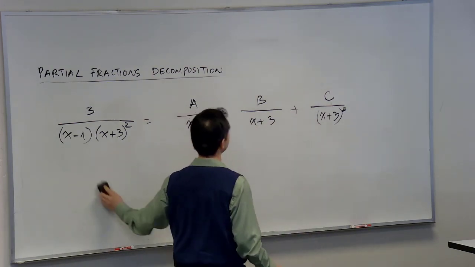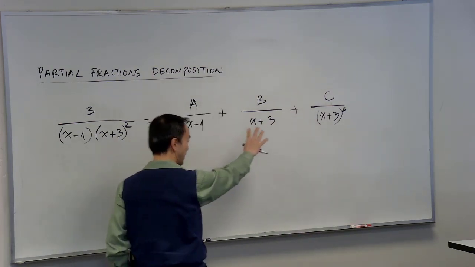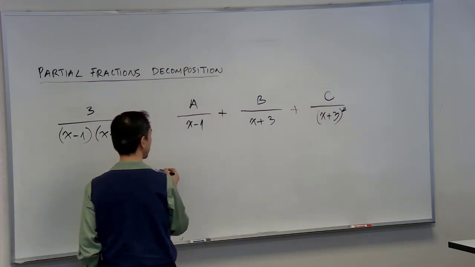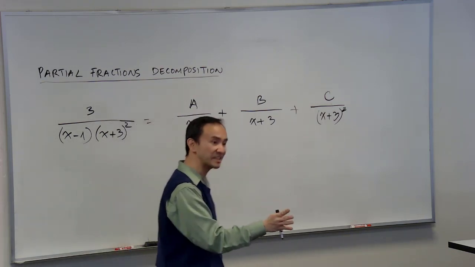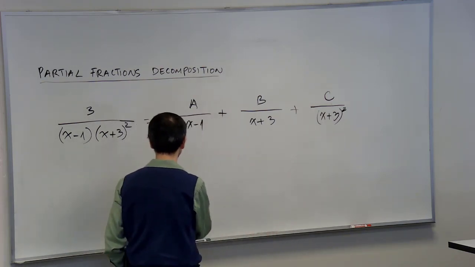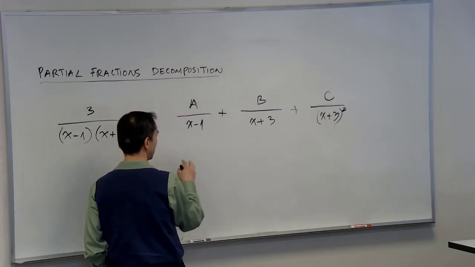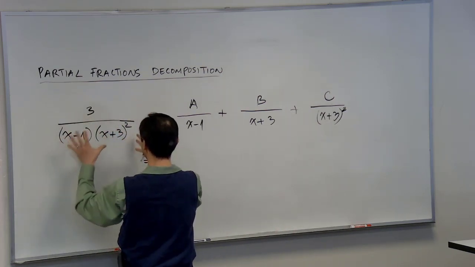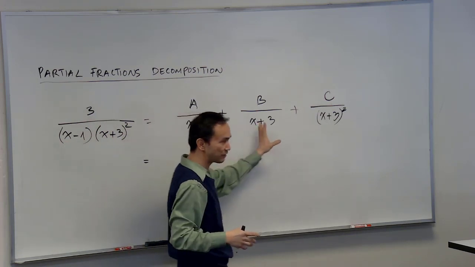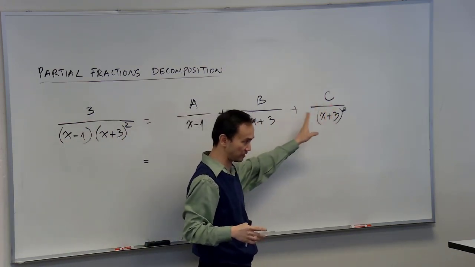Okay. So now, once you set it up here, we are ready for getting the work going. Of course, the work is going to get a little lengthy, but it's the same philosophy. Tentatively, we want this fraction to be broken down into 3 separate partial fractions. That's our ultimate goal.